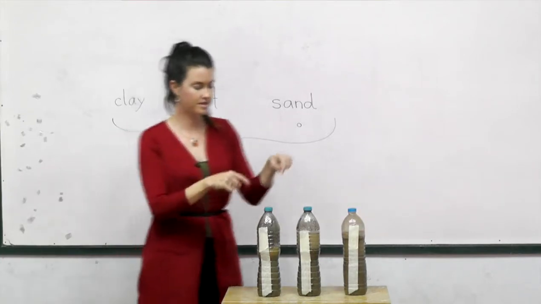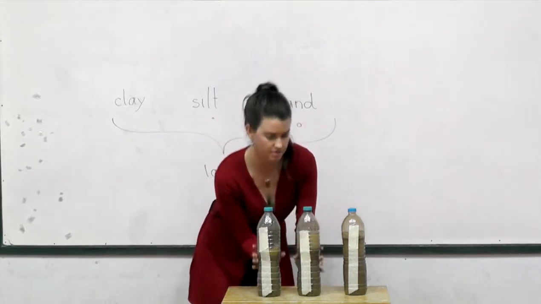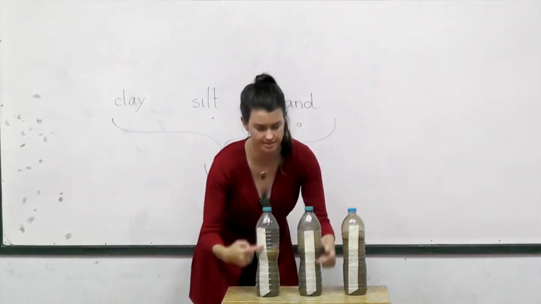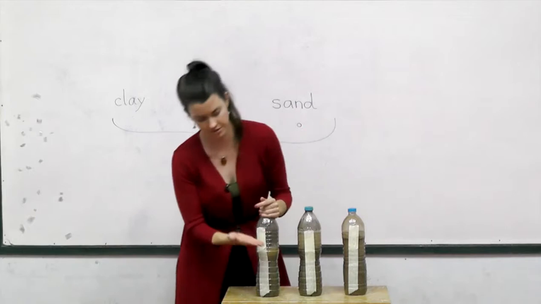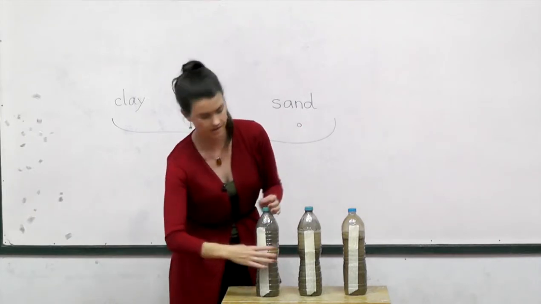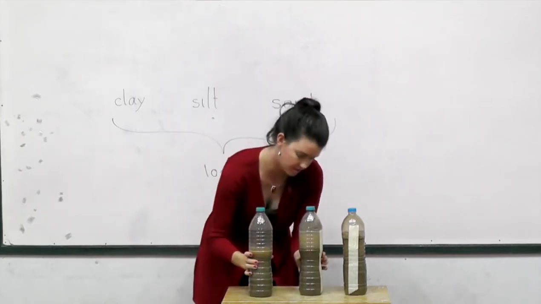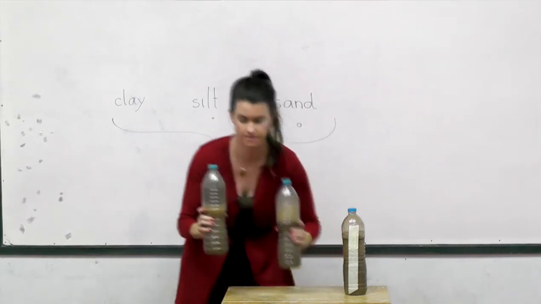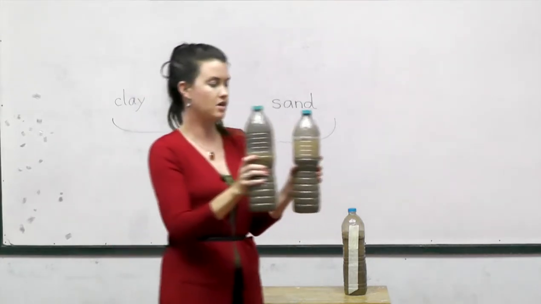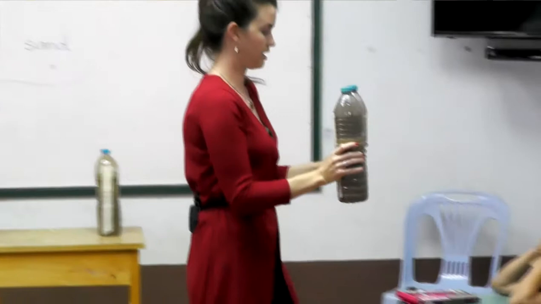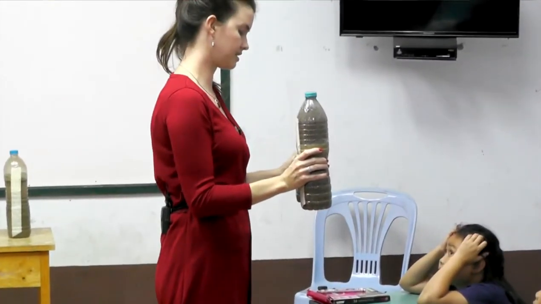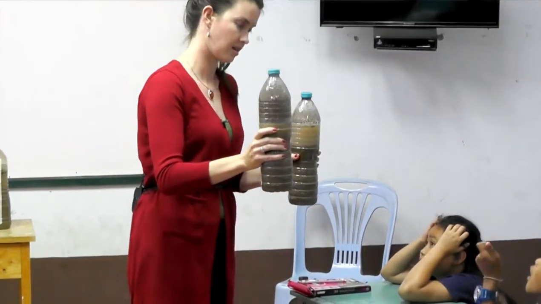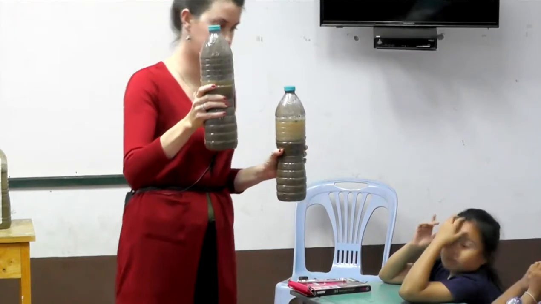So I'm going to show you some of our bottles up close so you can see. We've got our tape on the side here because we're going to make some lines for all the different layers. But first I'm going to show you some of our bottles. So as I'm going around, take a look at these bottles. Can you see different kinds of layers?